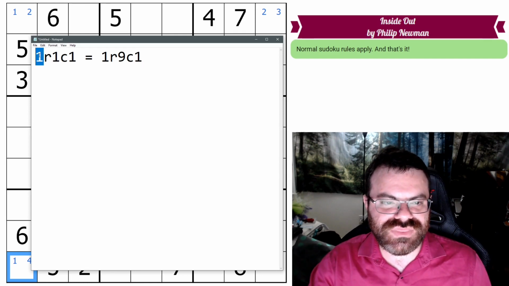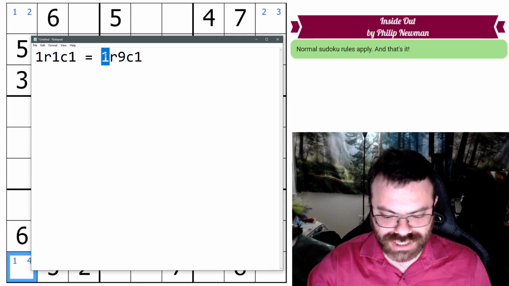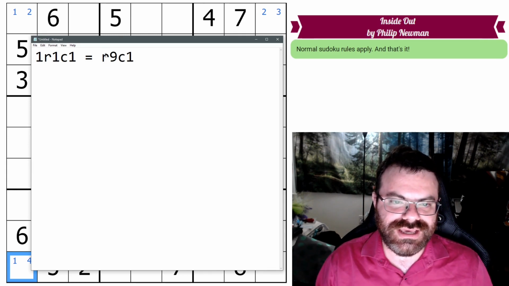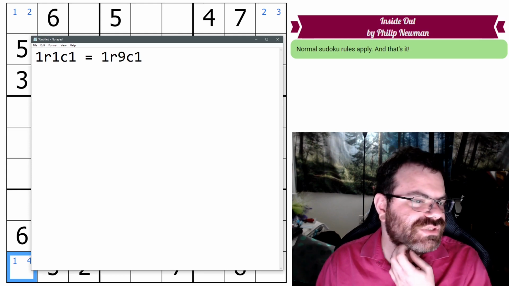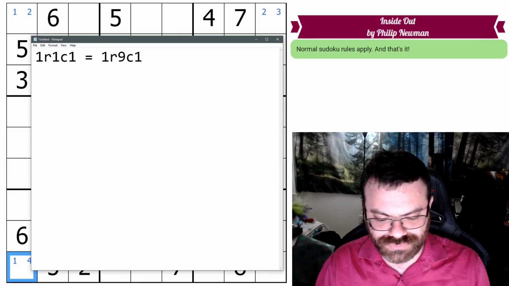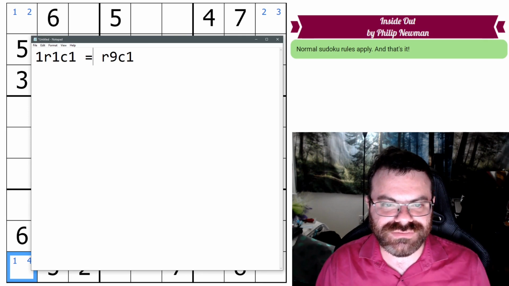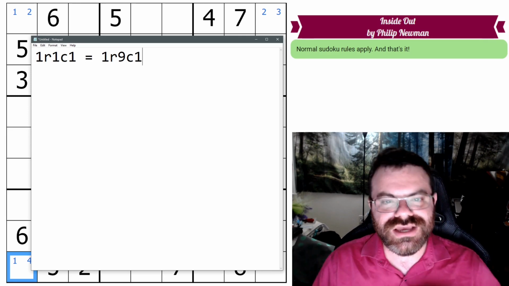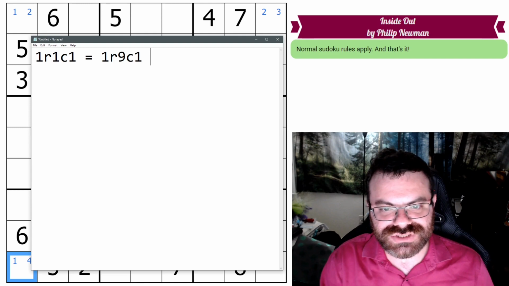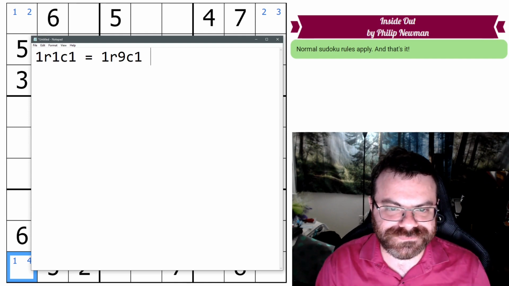Now, one thing to point out with this nomenclature is if the strong link is between the same candidate, you can omit that candidate, and that's kind of implied. I'm going to keep it, but if you see this written somewhere, people who use this terminology will probably omit it, because it's implied that the strong link preserves the candidate if it's not specified. But I'm going to specify it because we are going to be going forwards and backwards, so we want to be able to read that in either direction.